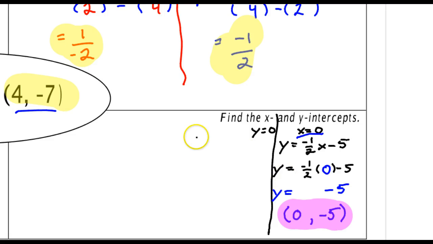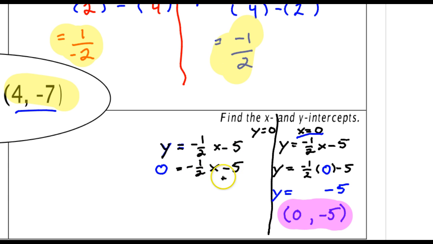When you go here, do the same process. This time, make y 0. So we have 0 equals negative 1/2 x minus 5.